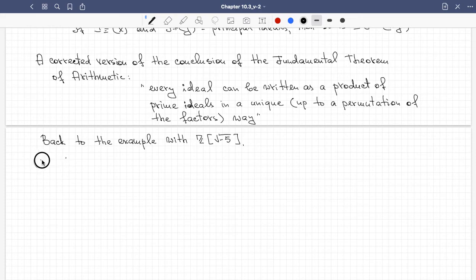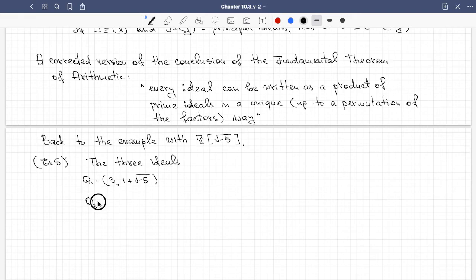This is example 5 in the book. The three ideals, which are already not principal ideals: Q1 with just two generators, 3 and 1 plus root of negative 5.